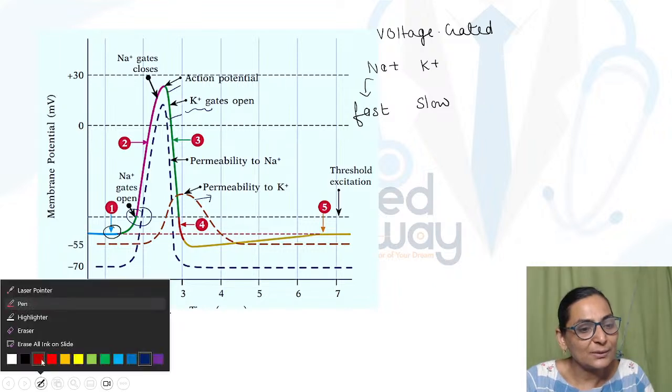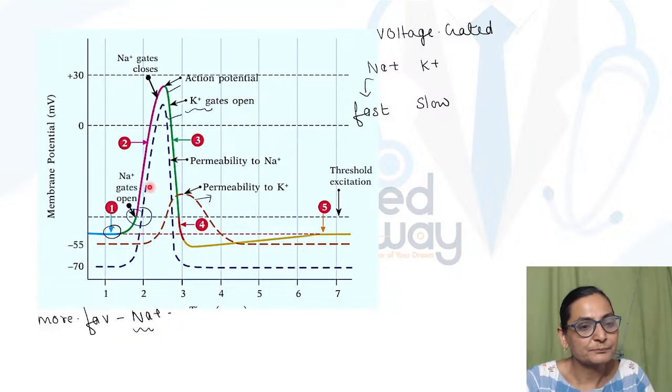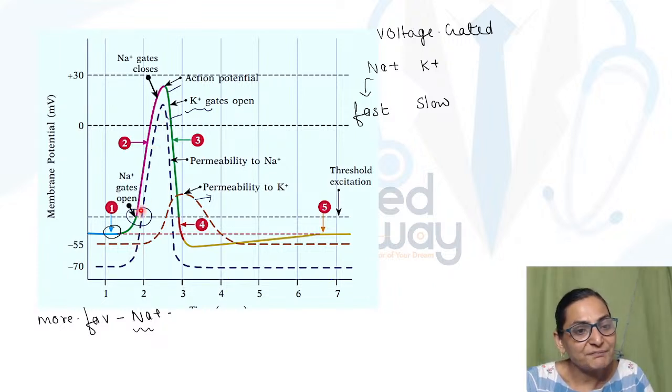So you can see that when you give the threshold stimuli, the maximum permeability is first to the sodium ions. So the sodium ions are first going to come inside, resulting in the entire depolarization.